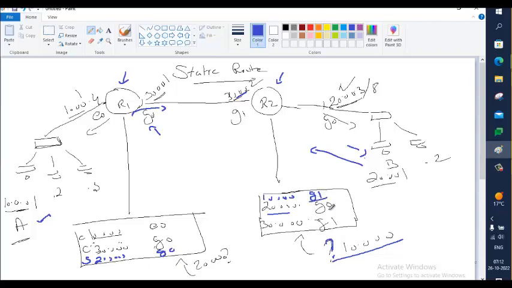This is one way. Or you can also say you need to send the packet to 30.0.0.1. If you are saying interface, you say your own interface. If you are saying an IP address, you should say the IP address of the next router, not your own.